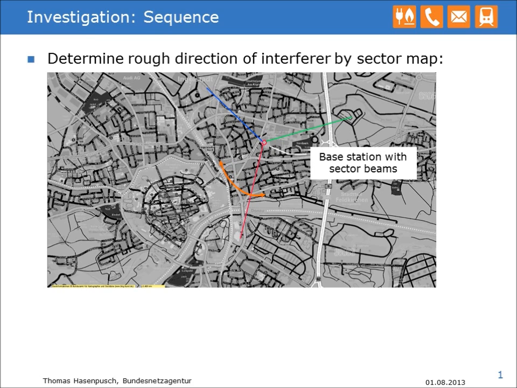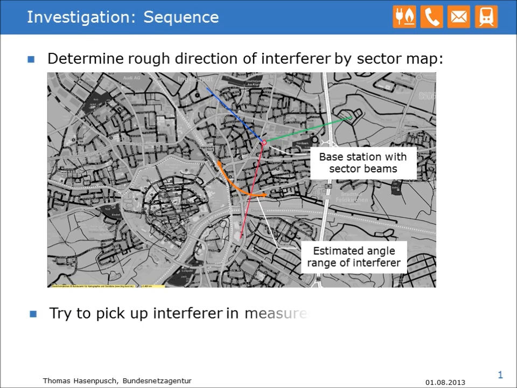So what we do is we position our measurement car somewhere here, near the base station, in the range of the expected interferer, and we try to pick up the interferer in the car. If we can pick it up, no problem, we just follow the bearing, do whatever we do on normal interferers to locate it. But in many cases, we will not be able to see the interferer in the car because the antenna is much higher and more sensitive than we have in the car.